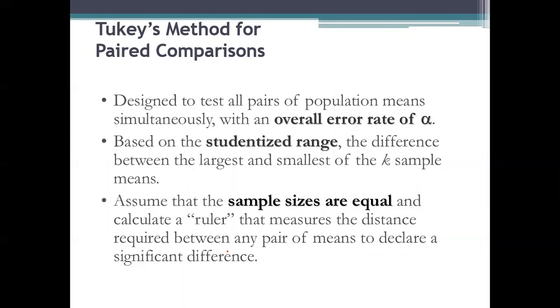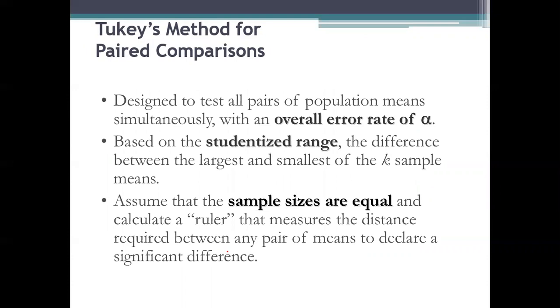If we are able to reject our null hypothesis and proceed further with our analysis, we can use the Tukey method approach, Tukey's approach for pair comparison. So what is the Tukey method for pair comparison?